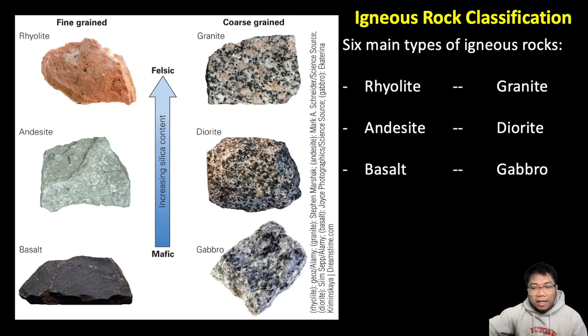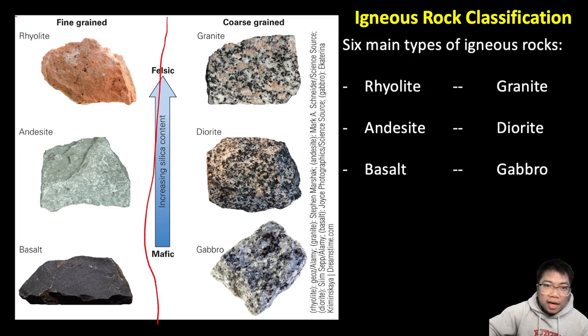For the classification of igneous rocks, there are 6 different types, and we can create this chart right here. On the left side of this chart we have the fine grain igneous rocks. All of these rocks have very tiny minerals that we can't really see.